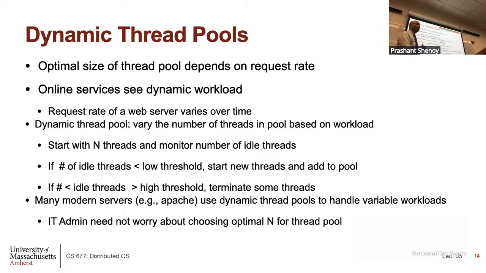Question is how much is the performance reduced if there's some number of idle threads? What happens with idle threads is they increase the memory footprint of the process because every thread needs a stack. So you'll allocate some memory for a stack. It has its own set of registers that are typically saved when the thread is not executing. And then the server might sometimes execute idle threads, see that they're doing nothing, depending on the scheduler, and waste some CPU cycles.